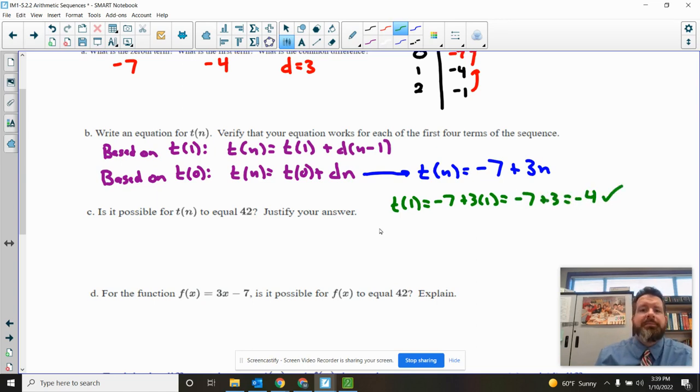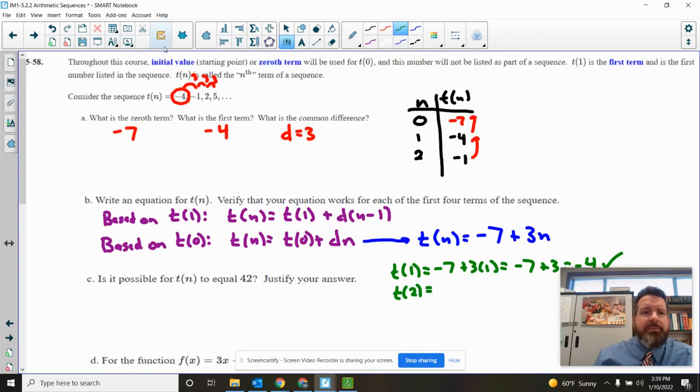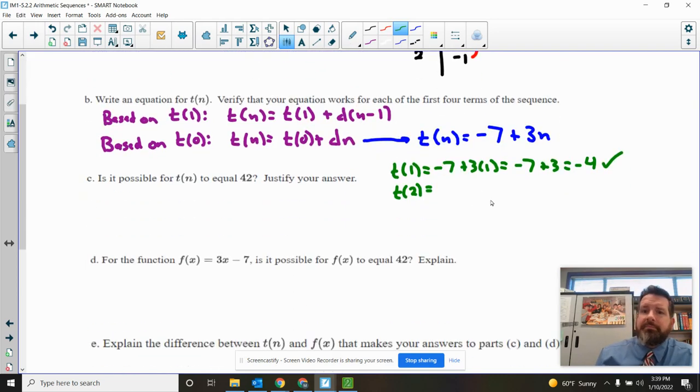That works. Let's check the second term. The second term should end up being -1. Let's make sure that happens. So -7 plus 3 times 2. Notice I'm just putting the term number in where this n is, and now we're simplifying. -7, 3 times 2 is 6. Add those up. Okay, that checks out as well.